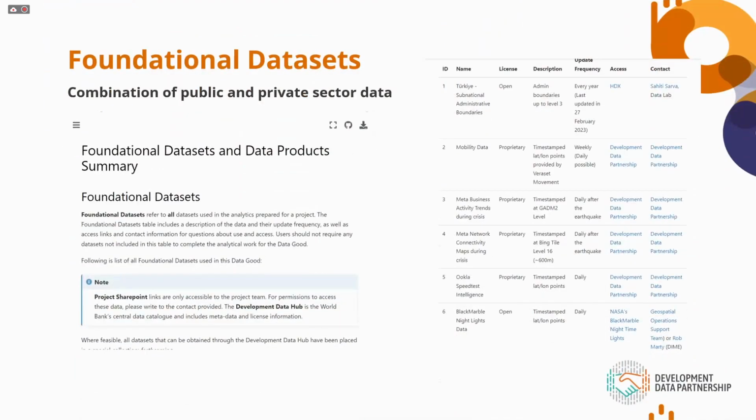So for the case of Turkey, what we did is we started with a bunch of foundational data sets, primary data sources like surveys and other secondary data sets created by other organizations like our data partners, Meta and LinkedIn and Facebook and Ookla and so on and so forth. These data sets form the foundation upon which all of the other relevant indicators are created, and the World Bank team sitting in Turkey could start using these indicators to inform how the economy was impacted in Turkey immediately after the earthquake.